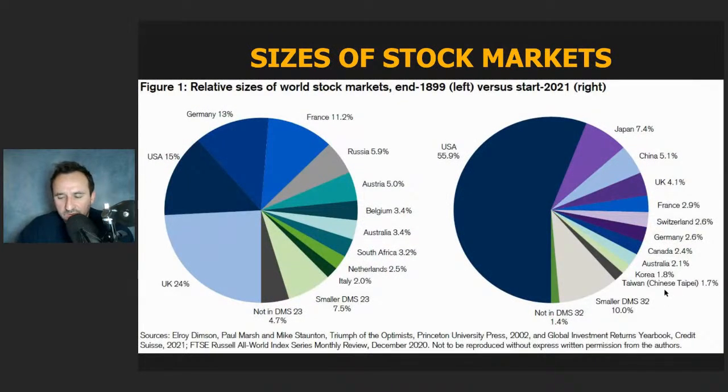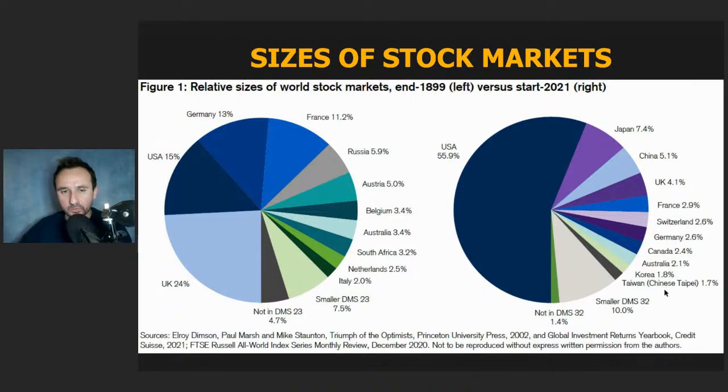And the markets are not made in stone and fixed. Everything is changing. The world is changing. For example, in 1899, the biggest markets in the world at the time were countries which are not that big when it comes to the size of a stock market. In 1899, the United Kingdom had 24% of the market share globally.